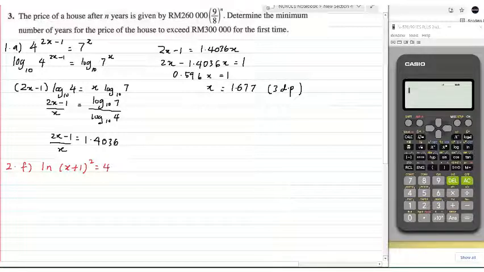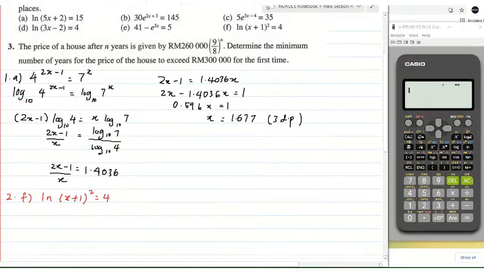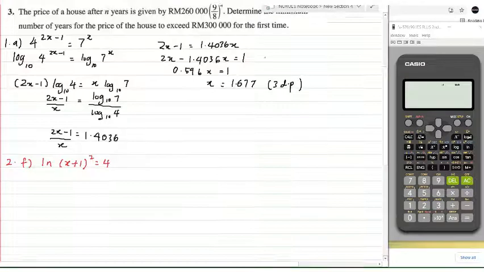Okay, as you know, ln is also included in the calculator. Okay, this button. Okay, ln, that is a log base e. Solve the following equations by using natural logarithms. Give the answer in 3 decimal places. Okay, ln x plus 1 power 2 equal to 4.